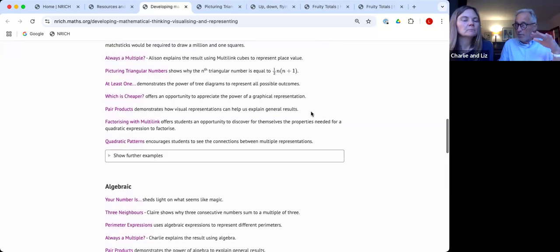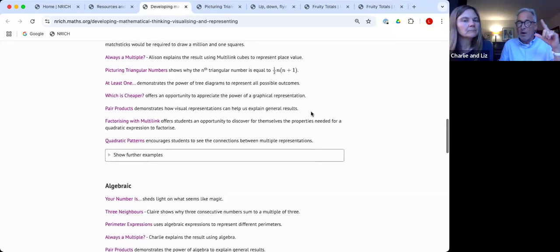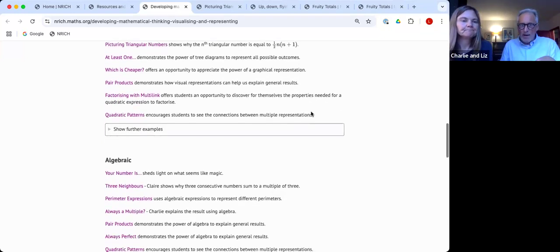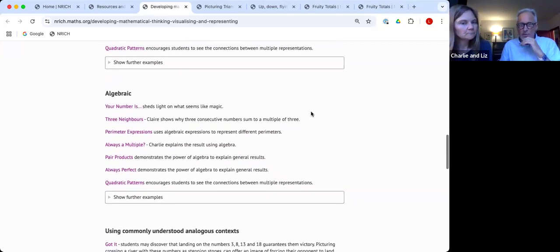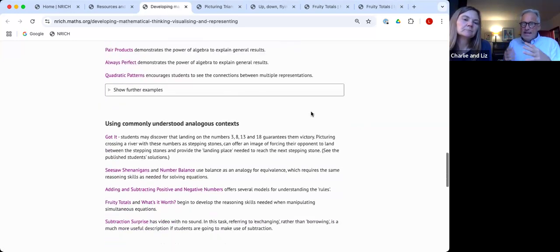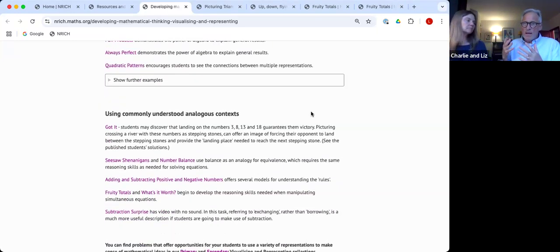What we've tried to do is offer a range so that each one offers a slightly different image. And then we've got some algebraic ones, and of course there's more similarity between the algebraic ones.